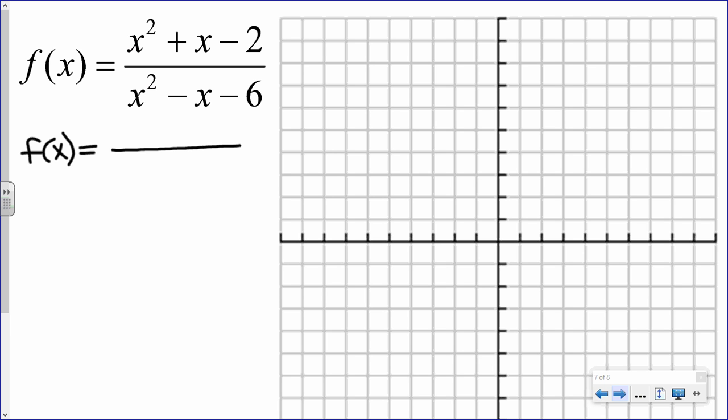Numerator factors to what? X plus 2 times x minus 1. Our denominator factors to x plus 2, x minus 3. We get factors that cancel.